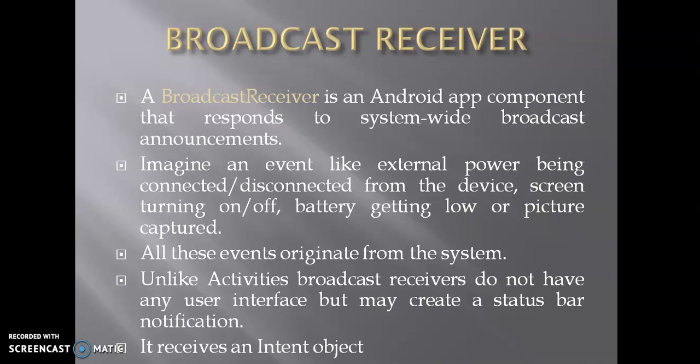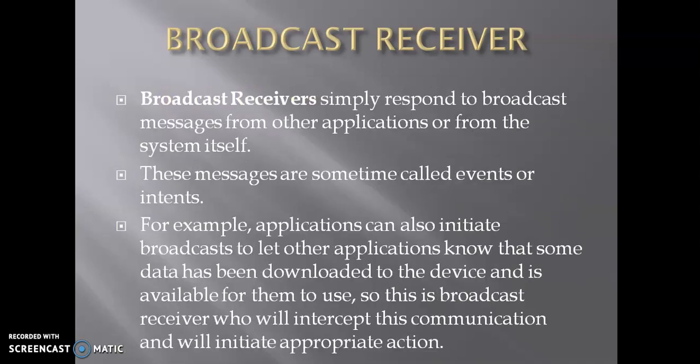To save the battery. So how does it happen? Android has some default broadcast receivers that are created, like for example incoming SMS, battery low, etc. How does this broadcast receiver work? We define our broadcast receiver in the manifest file and tell what action is to occur. So let's see what a broadcast receiver is simply.